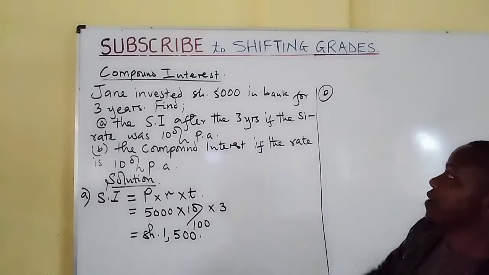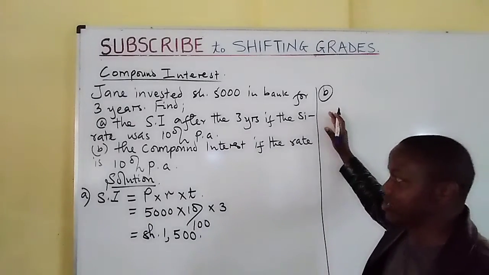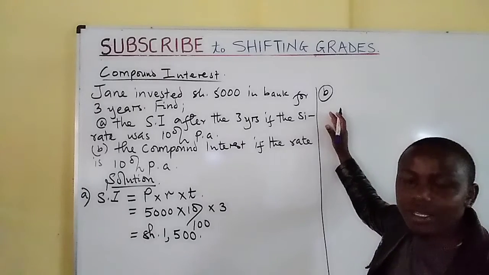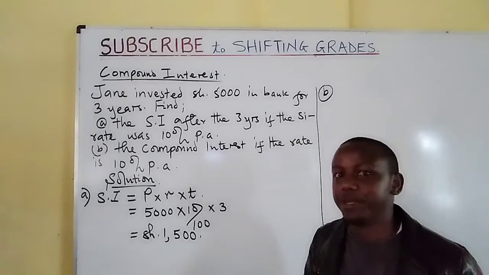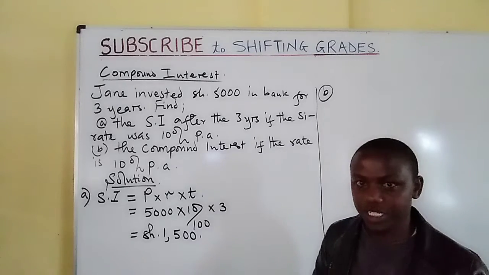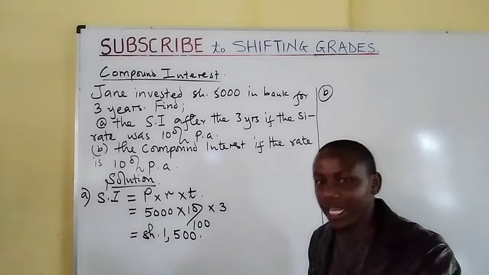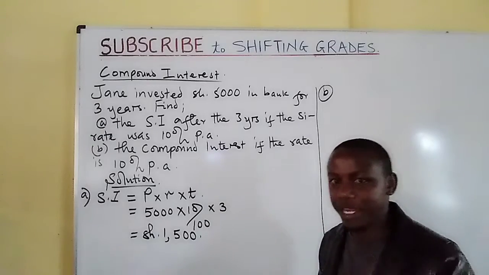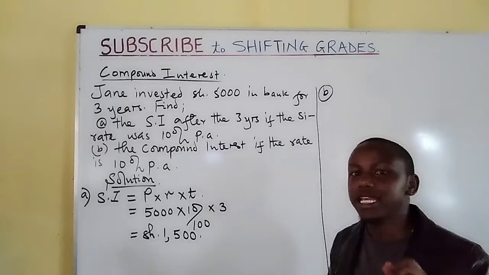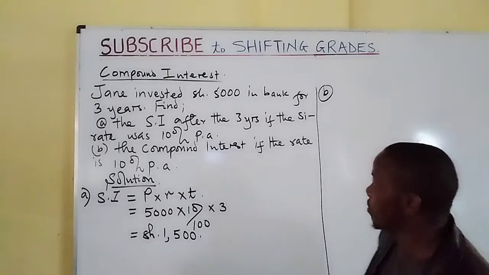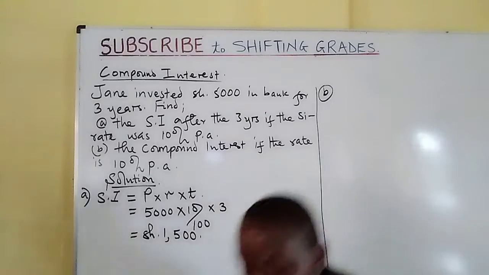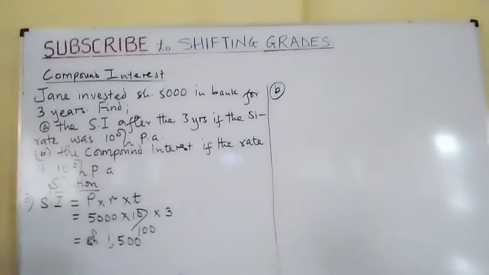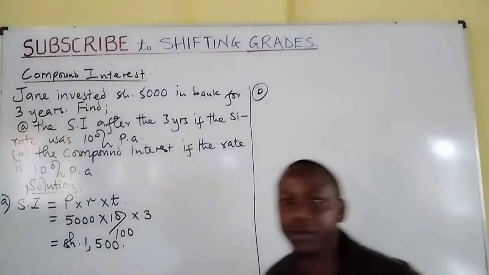But now, when we come to compounded interest, here, both the interests and the principal which had been deposited or borrowed, they are accumulated, and for the next period of interest, they earn interest together. Let me solve the part B stepwise before I give a general formula to help us understand more.